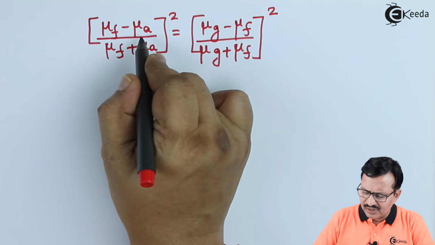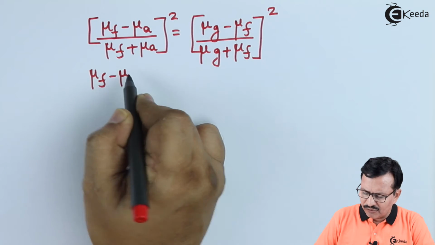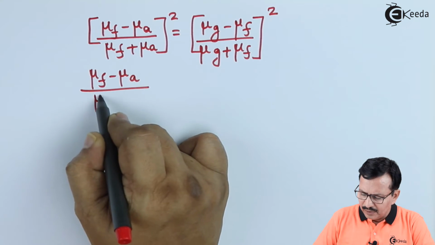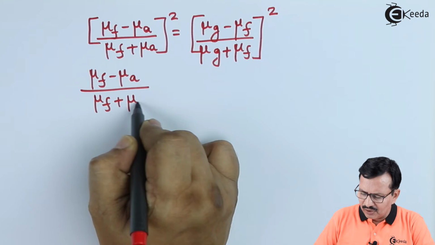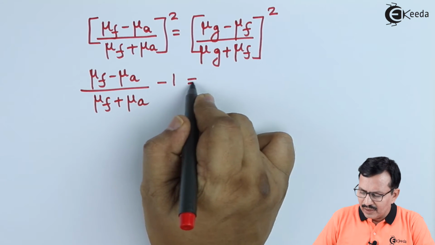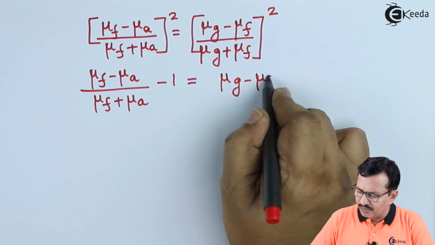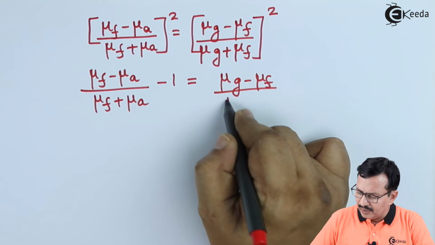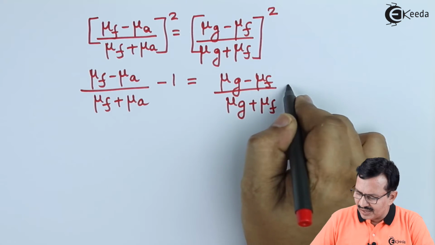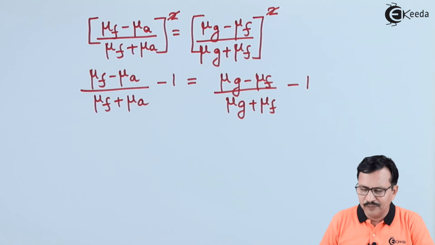I simplify this still further and I get mu f minus mu a upon mu f plus mu a, minus 1, is equal to mu g minus mu f upon mu g plus mu f. I perform the same operation on this side. Mind you, I can cancel off this one.